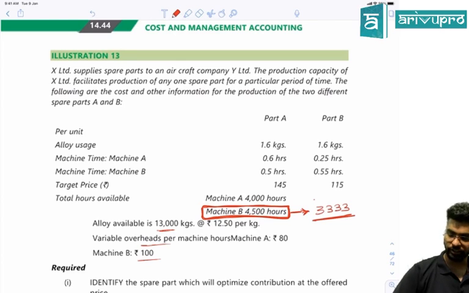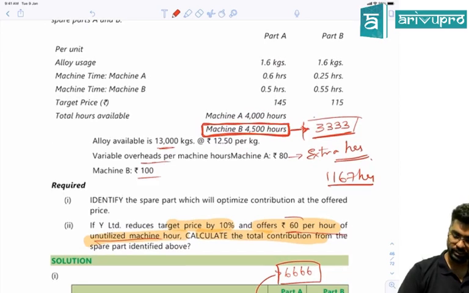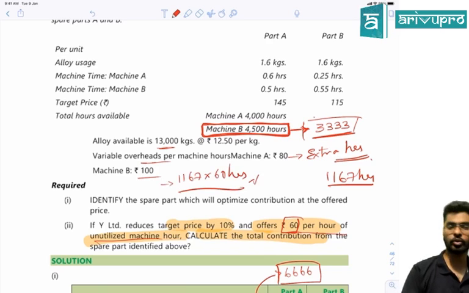If you are using only 3333 hours, how many extra hours do you have? And each hour you are ready to get 60 rupees from an outsider. That will be 1167 into 60. This is going to be my additional contribution. Are you clear?